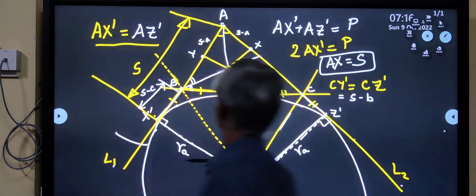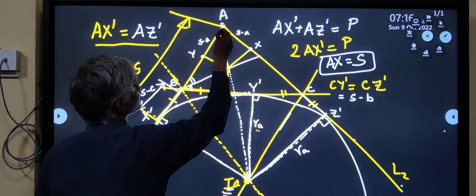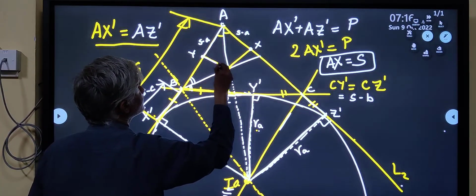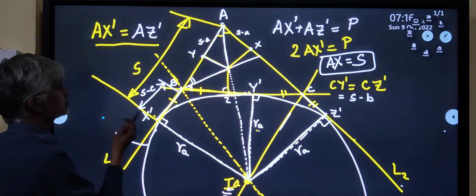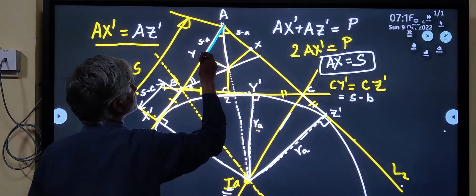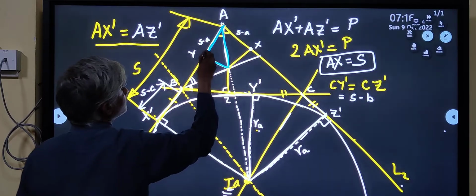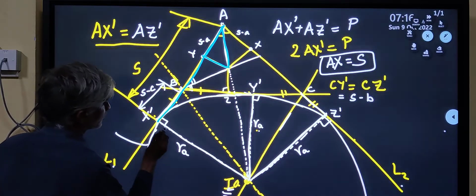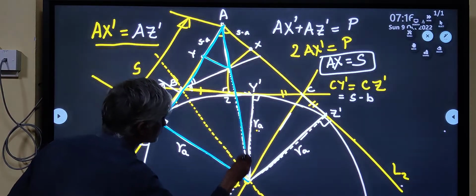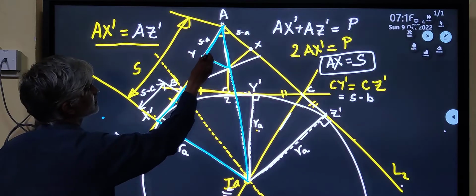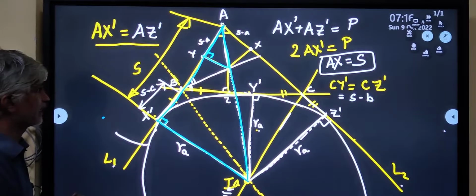Okay, so now for the important last part of the calculation, what you have to understand is that this triangle here is similar to this triangle, and the reason is that both of these are 90 degrees and you have a common angle, so AA.